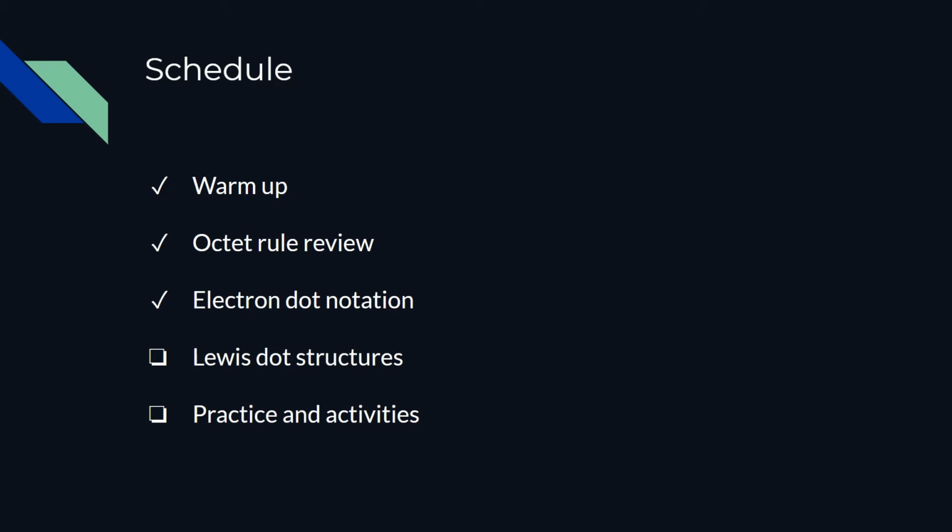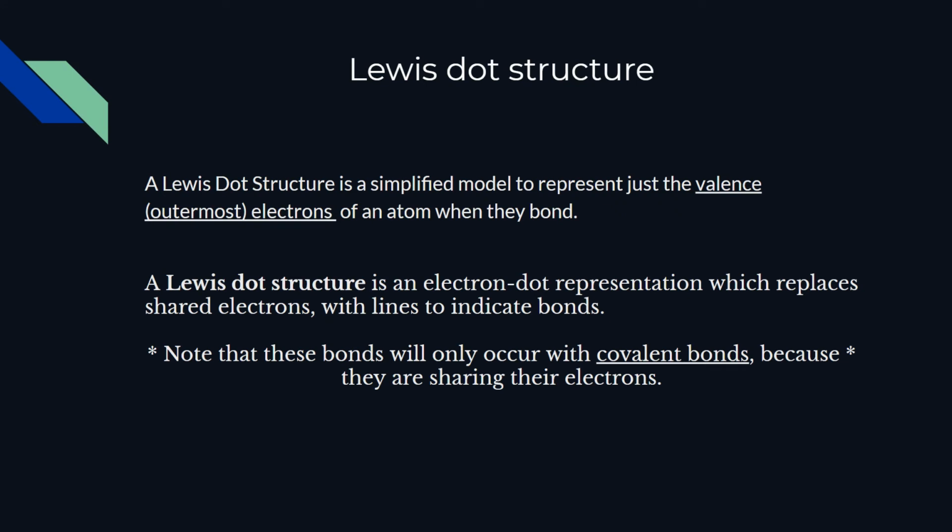So now let's talk about Lewis dot structures. A Lewis dot structure is a simplified model to represent just the valence electrons of an atom when they bond. This is important, that we're going to be talking about when they bond.